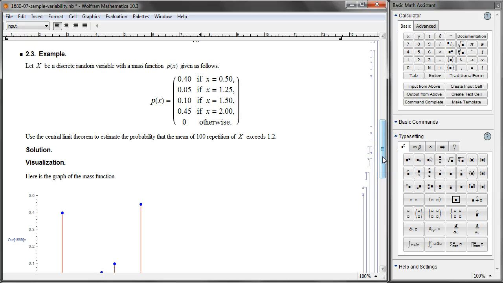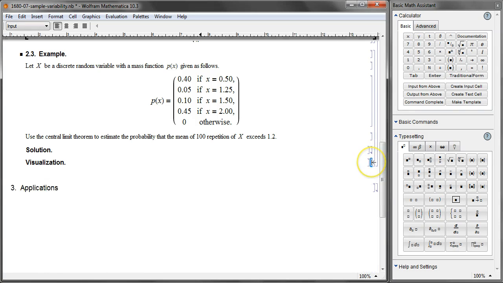Well, in this problem, use the central limit theorem to estimate the probability that the mean of 100 repetitions of x exceeds 1.2.